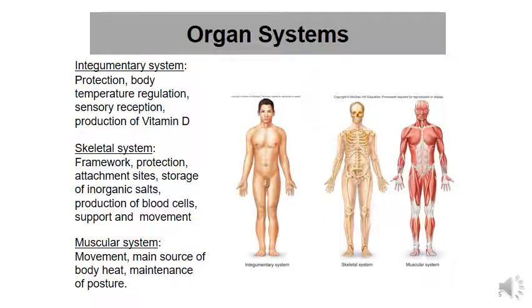Then next, our book talks about the organ systems, which are pretty self-explanatory, but some things I just want to add. Integumentary system. Know that the integumentary system includes the skin, hair, and nails. Skeletal system, we all know, it's just the bones. Muscular system are muscles, allowing us to move.